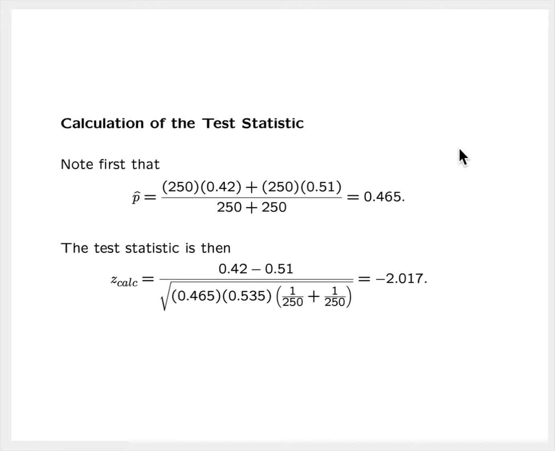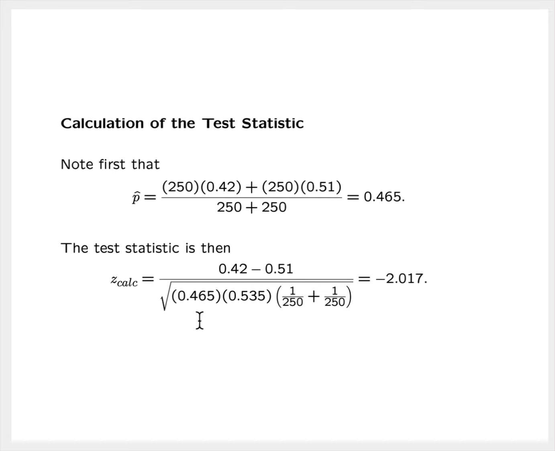All right, so now we can calculate the value of the test statistic. Note first that the pooled estimator of the presumed common population proportion is equal to 0.465. That is 250 times 0.42 plus 250 times 0.51, all over the sum of the sample sizes, which is 500. So that's p hat.